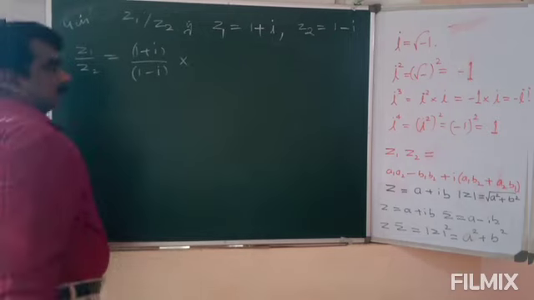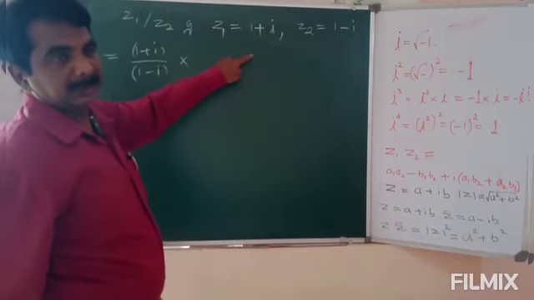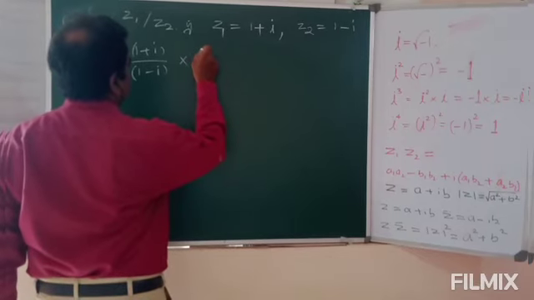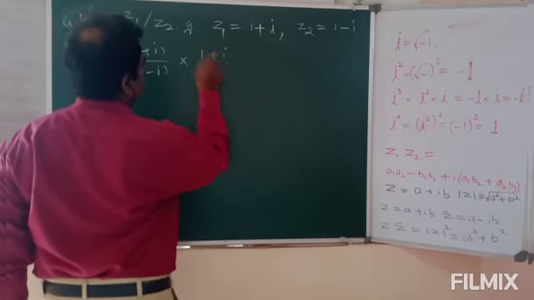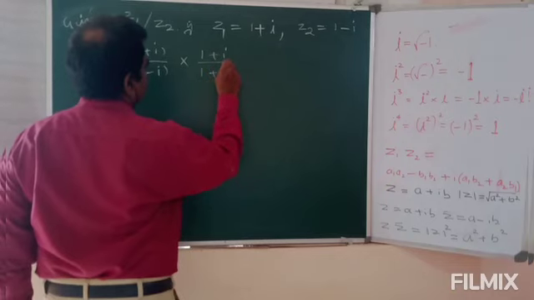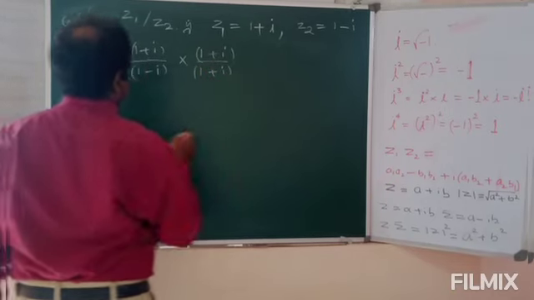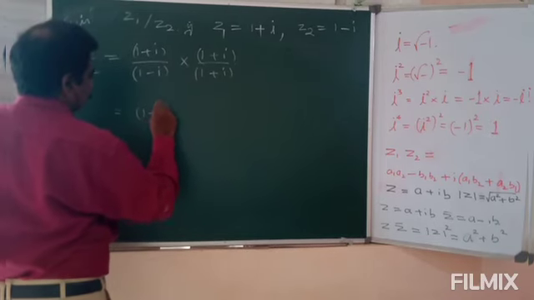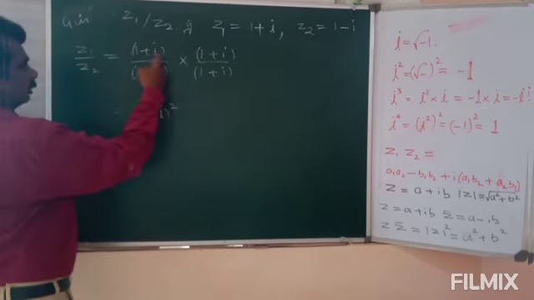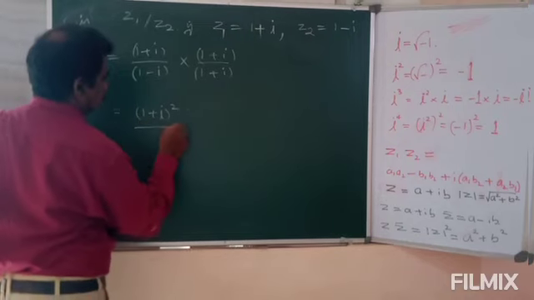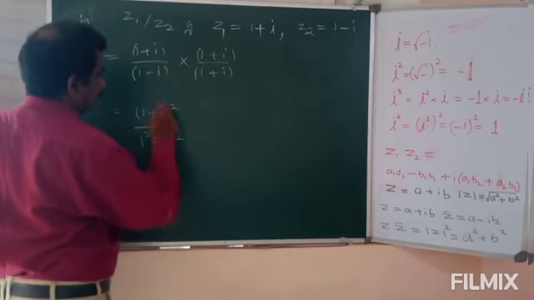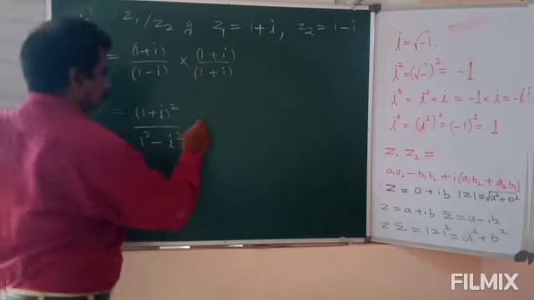What is the conjugate of z2? 1 plus i by 1 plus i, that is 1 plus i whole square in the numerator. This one is 1 square minus i square, because a minus b into a plus b.